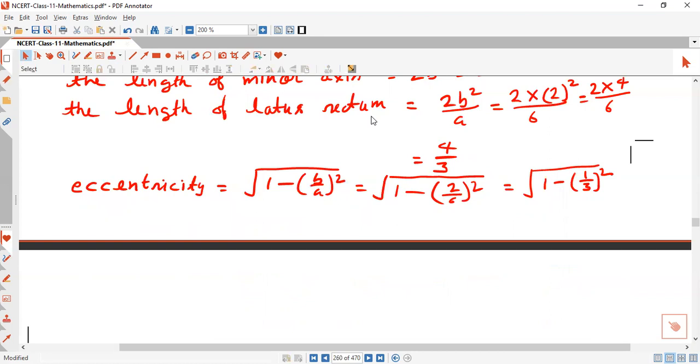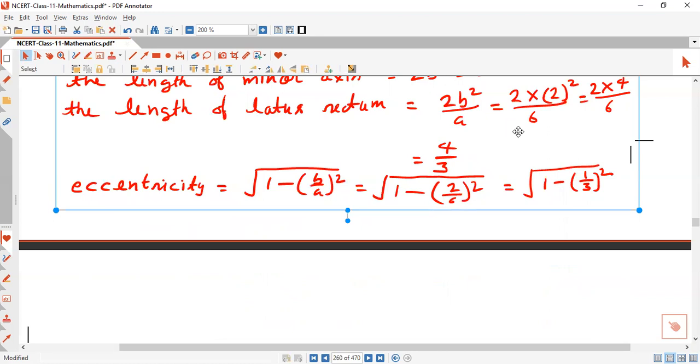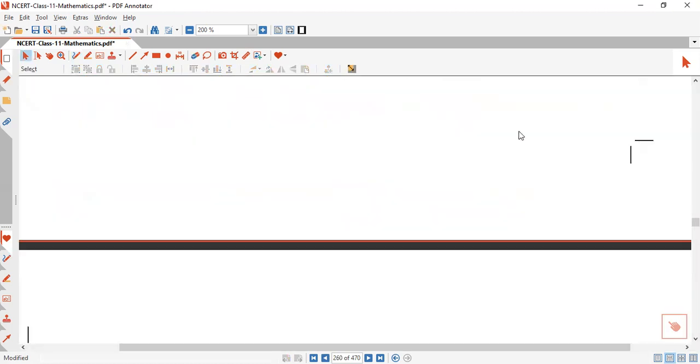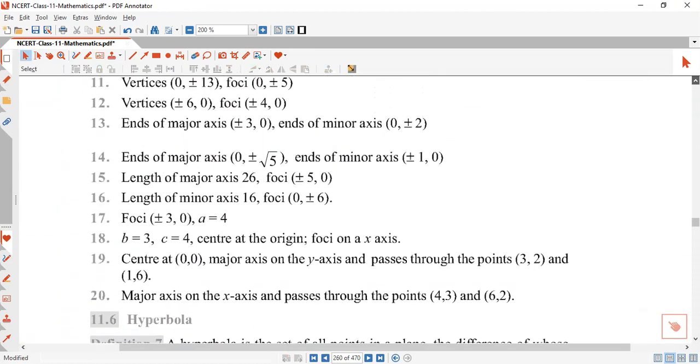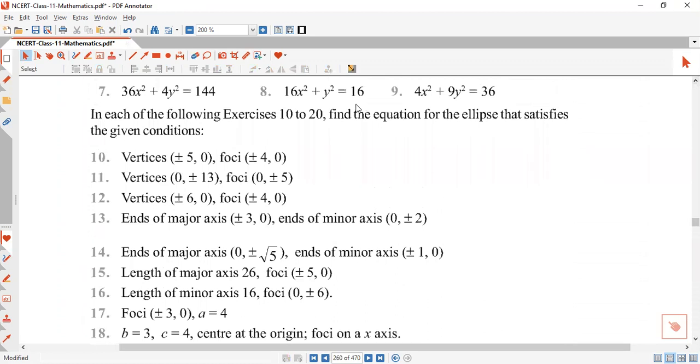Now, we would like to solve question number 10. So what is question number 10 saying to us? It says, find the equation of the ellipse that satisfies the given conditions.